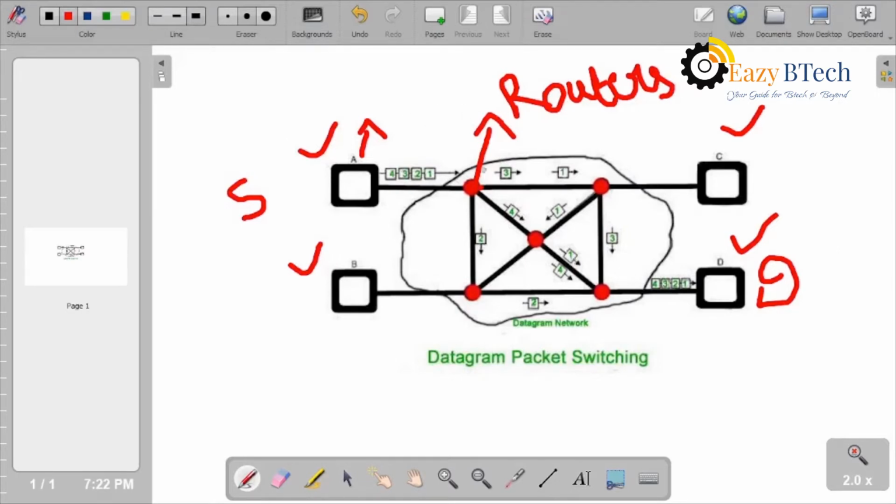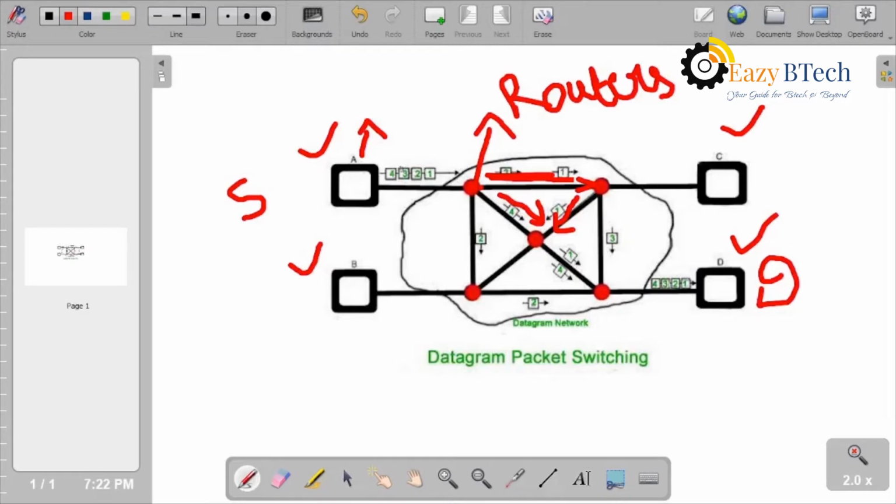See, packets 3 and 1 are delivered along one route, packet 4 is delivered along another route, and packet 1 is also delivered along another route. Like this, across the whole network, the routers find the best route and the packets go to the destination.